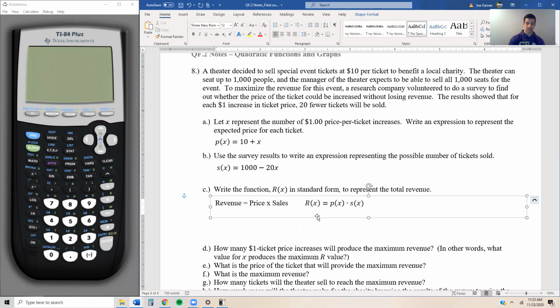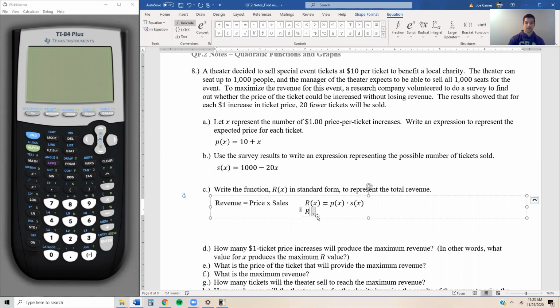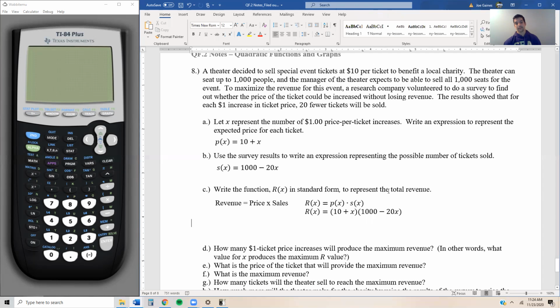R of X is equal to our equation P of X, which is 10 plus X, times our equation S of X, which is 1,000 minus 20X. Now this is an equation for revenue. It's the price times the sales, but it asks for standard form, which means we need to simplify. We need to multiply this.